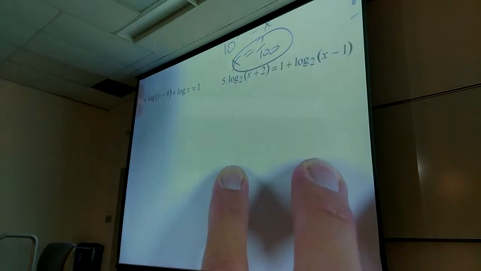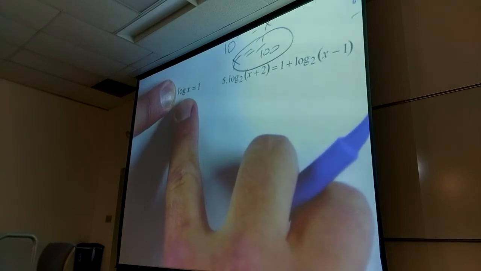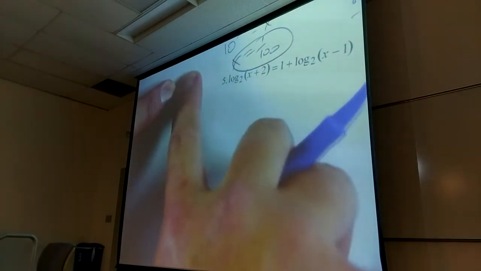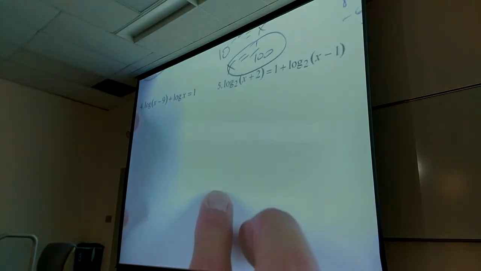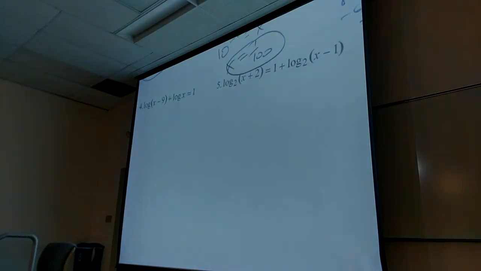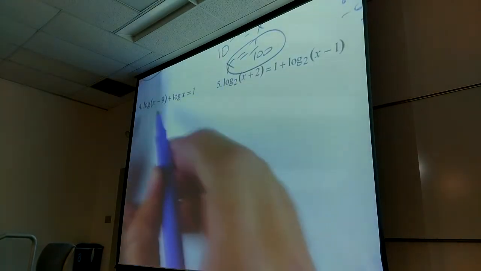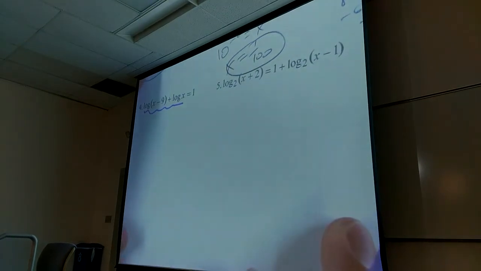If that one log wasn't there, what's the base on that guy? 10. So I can just do 10 to the first. I'd be done. But that other log is there. So I know what to do when it's log of mess equals number. So is there a way to rewrite this side so it is a single log?